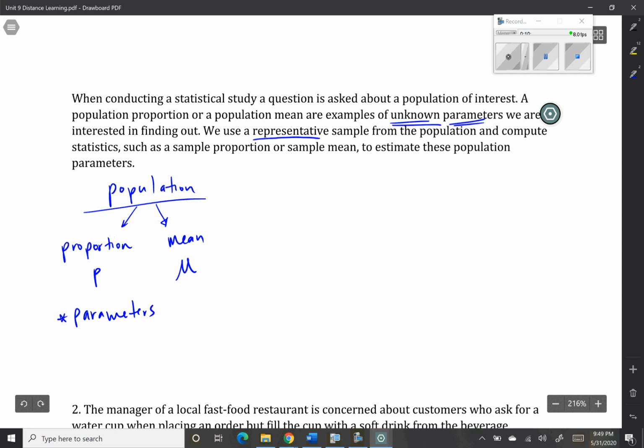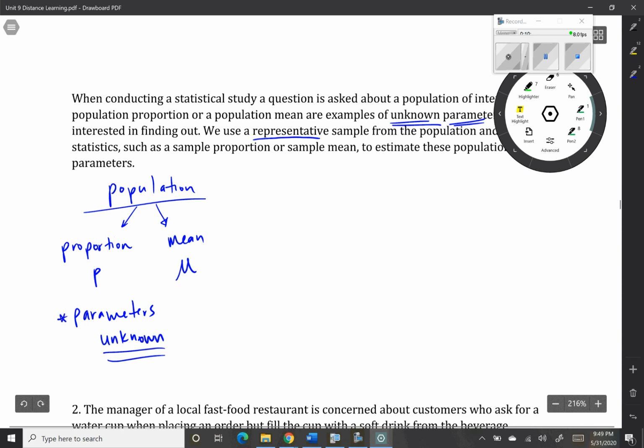They encompass everything that we know about the population. The problem is these are unknown. I can't find them. I will never be able to find them. They are unknowns. Now, what we can do is we can take a sample of this population.